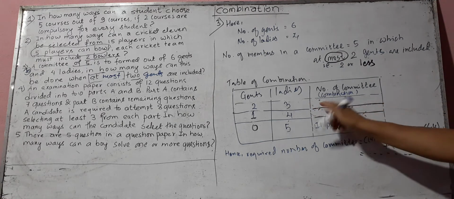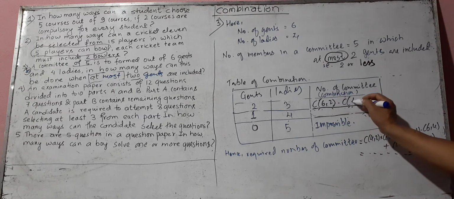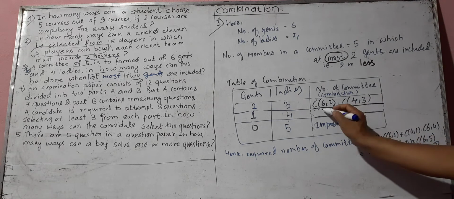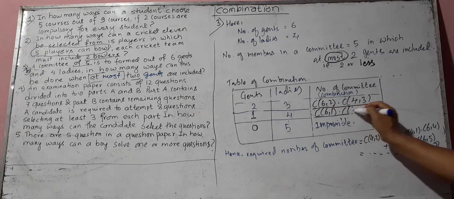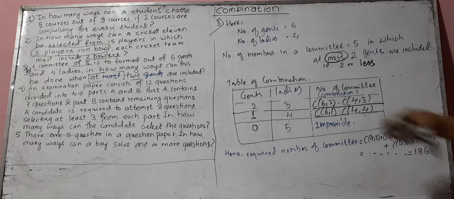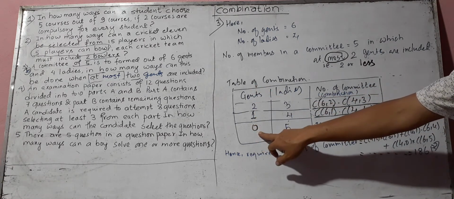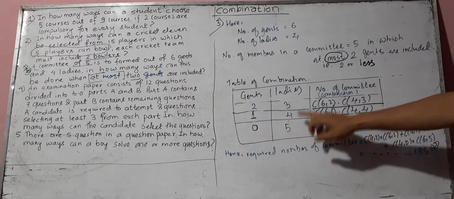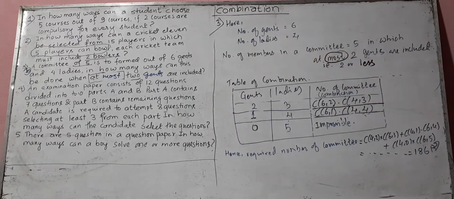That means C6,2 times C4,3, and C6,1 times C4,4. The zero-gents case is impossible because all members would have to be ladies, but there are only 4 ladies.